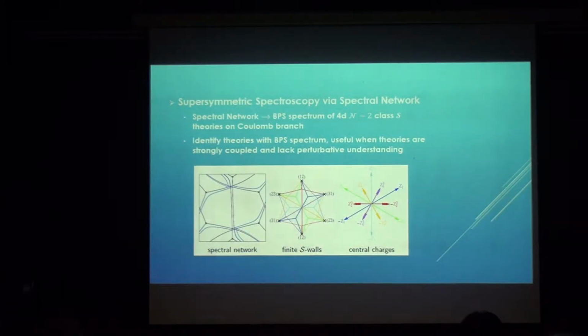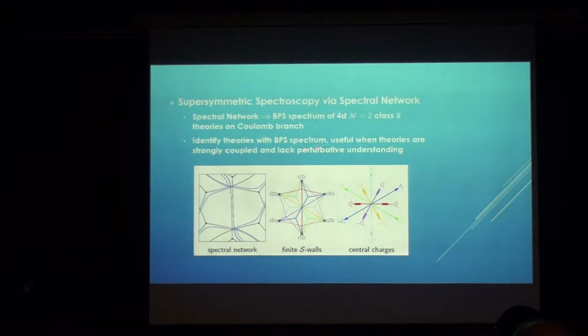So how do we find the spectrum for supersymmetric theories? The tool we're using here is called spectral network. This spectral network can give the BPS spectrum of 4D N=2 class S theories on the Coulomb branch. So we can identify theories with BPS spectrum.